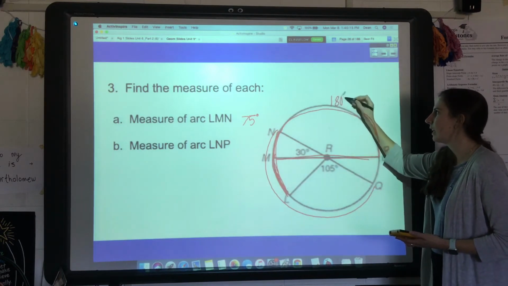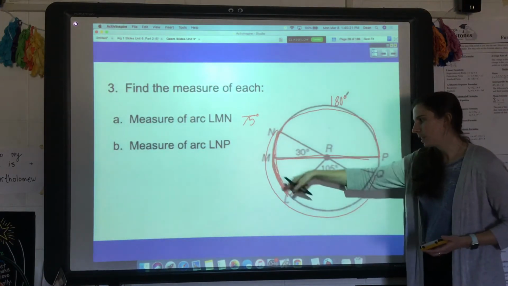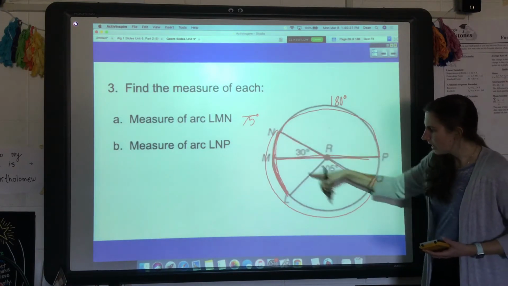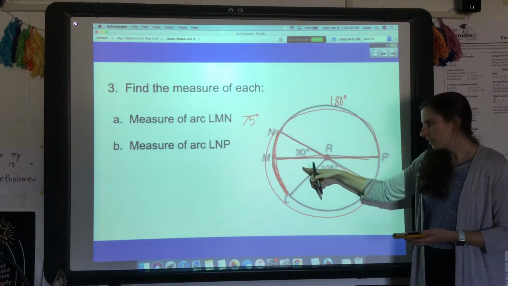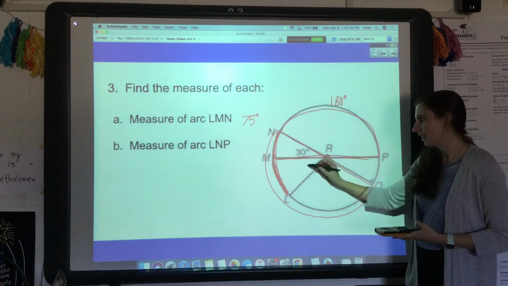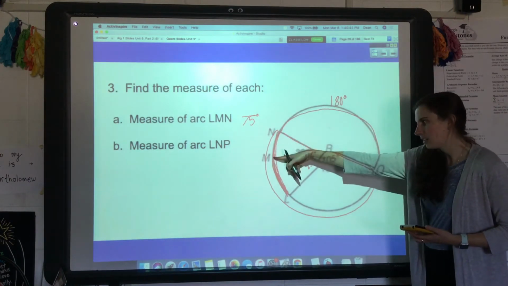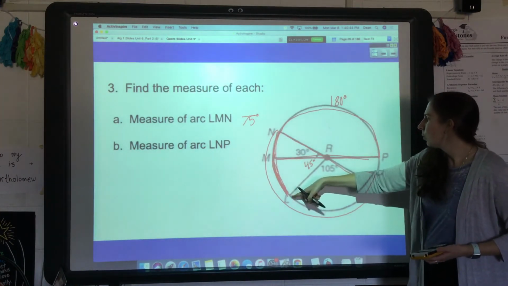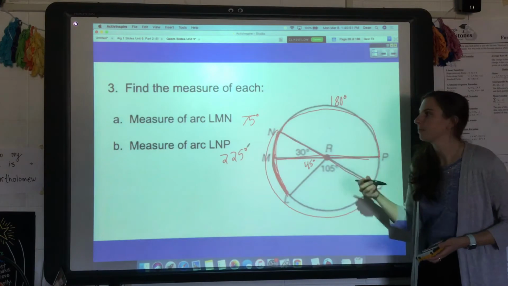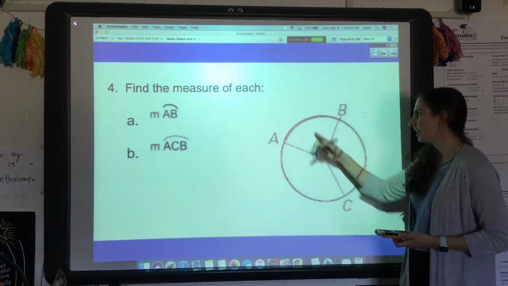So it's 180 degrees plus whatever this little piece is. To find this little piece, let's go back to what we were talking about before. I know that this entire thing is 180. So to figure out this, subtract this and this from 180. So do 180 minus 30 minus 105, and that leaves 45 degrees for this little piece. So if I have 180 plus an additional 45, that would be 225, which makes sense because that's over half the circle.